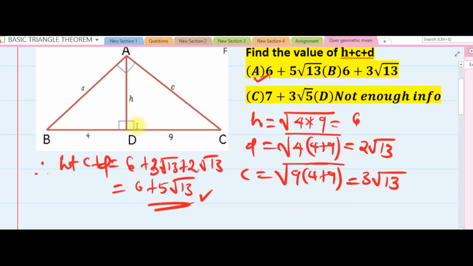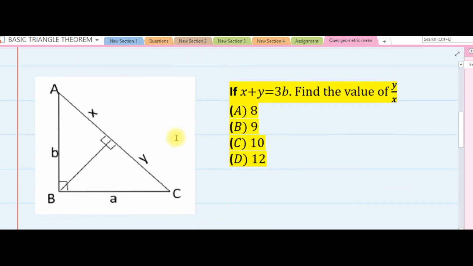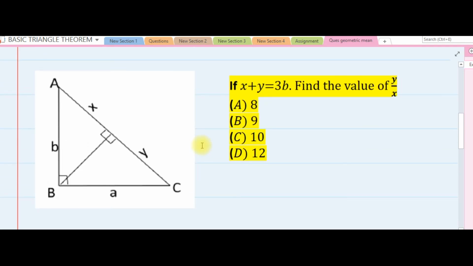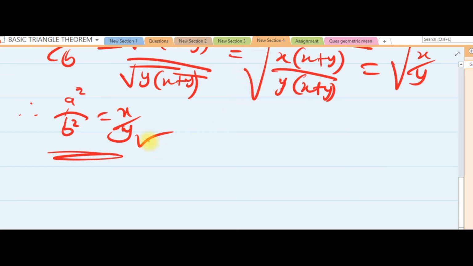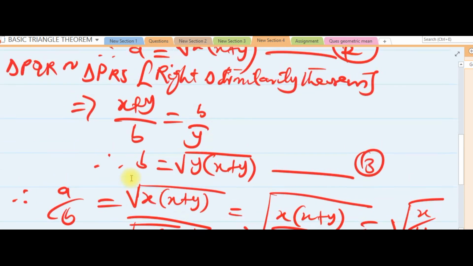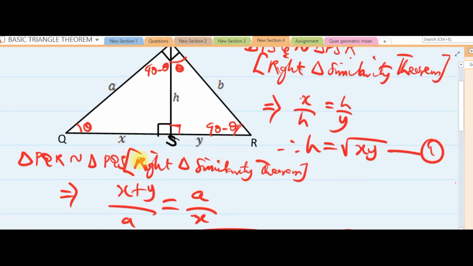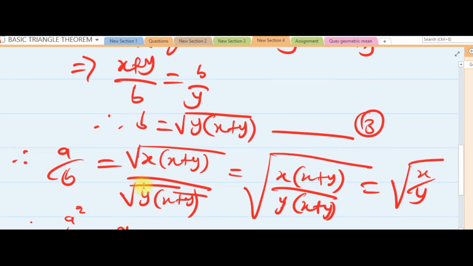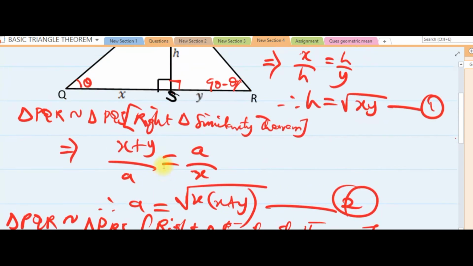So that's using our geometric mean formulas. So the other one, we are asked: if x plus y equals 3b, find the value of a squared over b squared. If you remember what we derived, x over y is a squared over b squared.